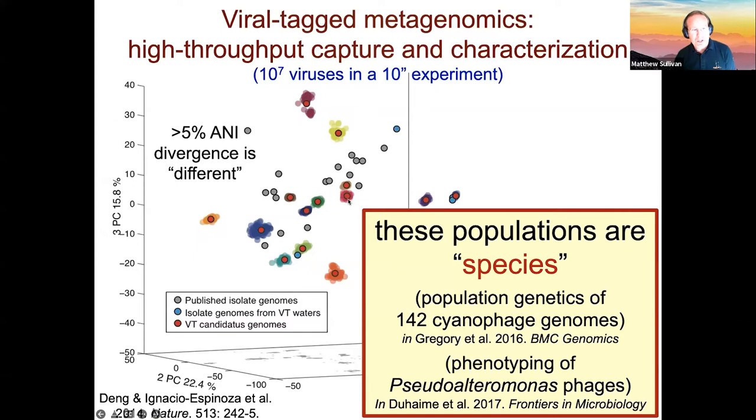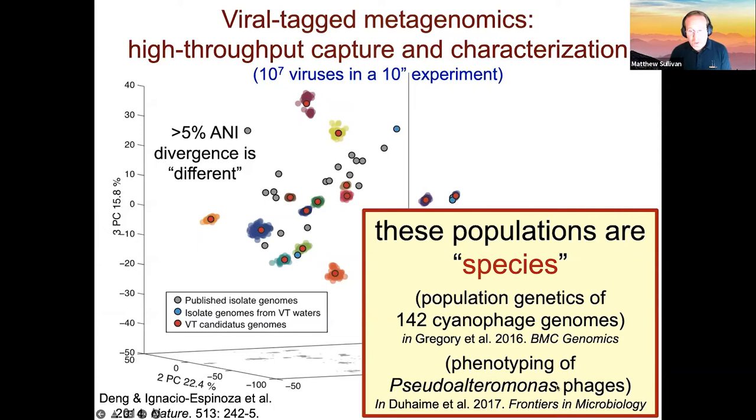So if we actually go to the same seawater sample, we isolated 142 cyanophages, sequenced all their genomes, and then applied population genetic metrics. What we learned is these populations are species. By that, I mean that gene flow is higher within than between these populations, and that the populations are under differential selection. So there's clear niches for these different populations.